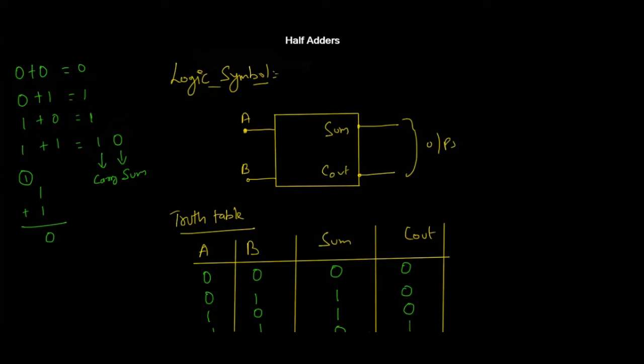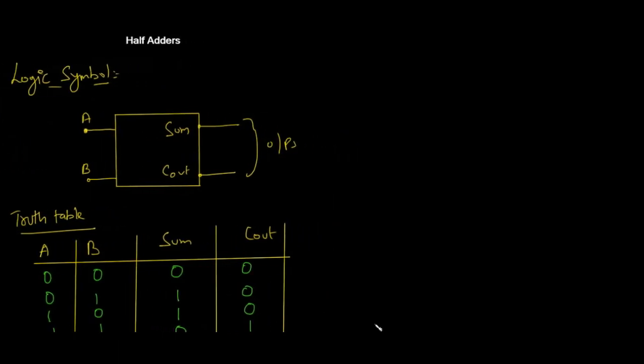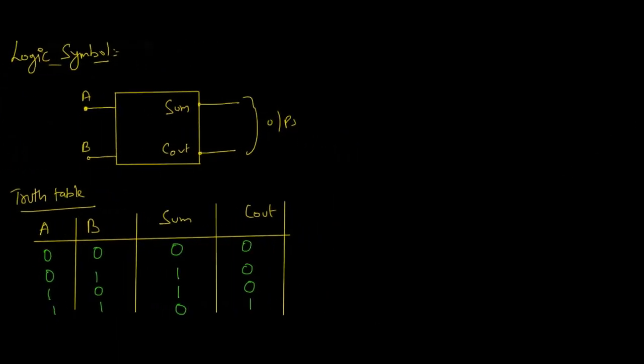Now if you watch this very closely, I'll adjust the screen now. If we watch the truth table so closely, we can find that the sum is equal to XOR of A and B, right? So sum gets a high value if any one of the inputs is high, right?